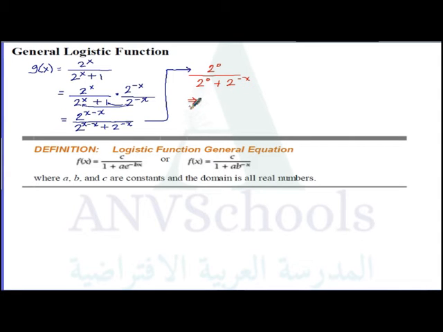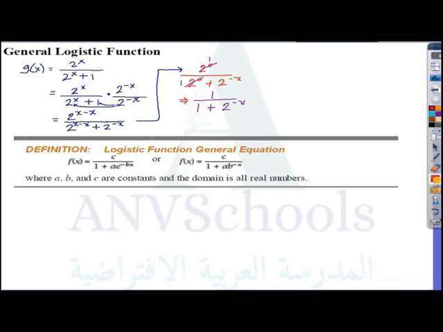So this will give us 1 over, because any number raised to 0 is always 1. So this will be 1, this will be 1, and we will have 1 over 1 plus 2 raised to negative x. So this is our answer.